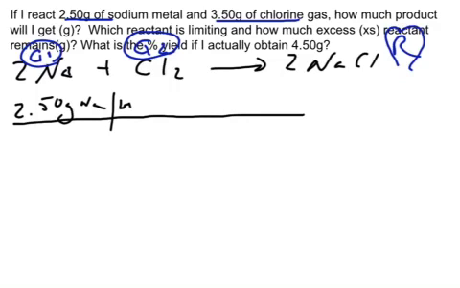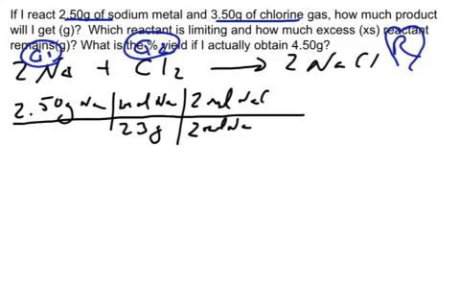So the next thing we do, of course, is we go into moles. For every 1 mole of sodium, it weighs 23 grams. Here's the molar ratio. For every 2 moles of our given, that's sodium, we have 2 moles of NaCl. And then finally we get the mass.